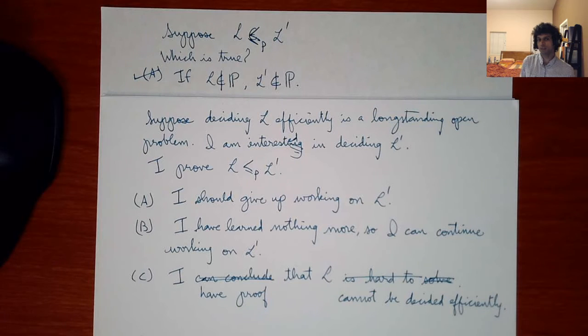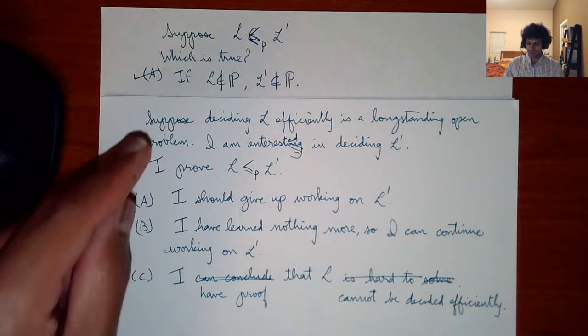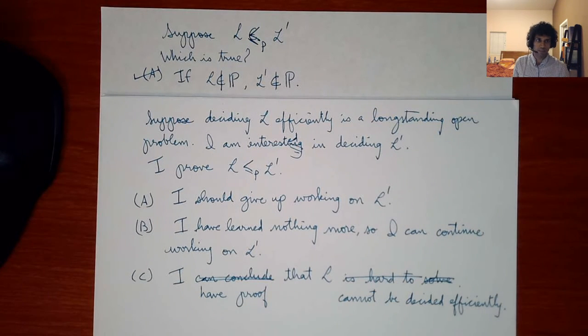Right, we're working under the premise that it is highly unlikely I'm going to design a polynomial time algorithm for deciding L, because it's a long-standing open problem that no one's made progress on.